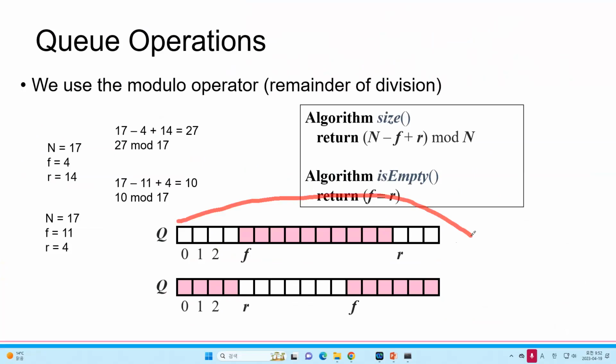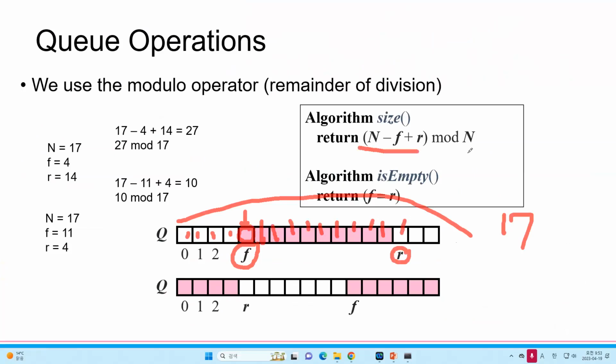I know the n, which is 17. And I have to know where is the front. The front index now is 4. So 0, 1, 2, 3, 4. Okay, this is the front index. And what is the R? 4, 5, 6, 7, 8, 9, 10, 11, 12, 13, 14.